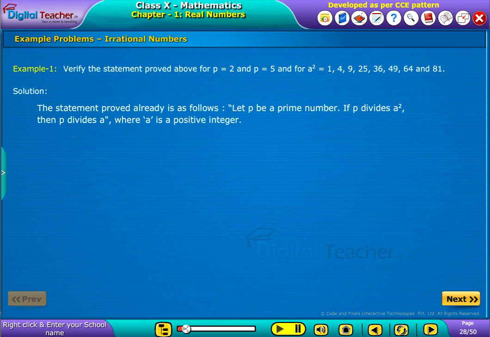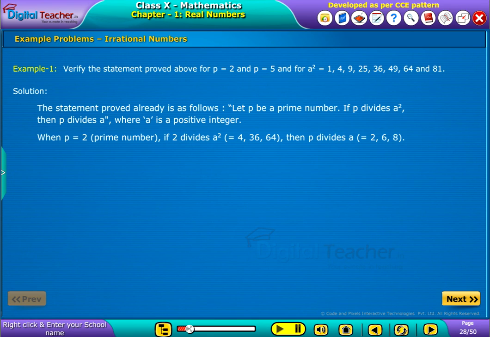From the statement we proved, that is, let p be a prime number, if p divides a squared, then p divides a, where a is a positive integer. For p is equal to 2, a prime number, if 2 divides a square is equal to 4, 36, 64, then 2 divides a is equal to 2, 6, 8.